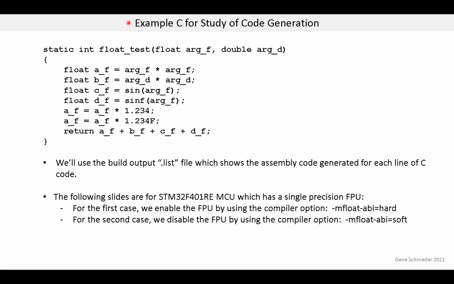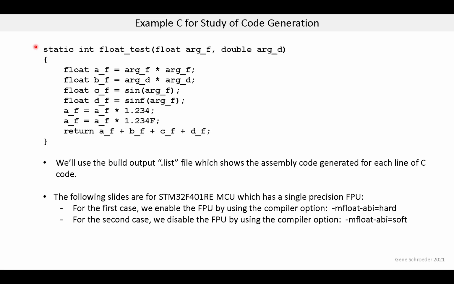Now in the coming slides, we'll look at the assembly or machine language code that is generated by the compiler for doing floating point. Now I know practically no one watching this will know ARM assembly language, but that's fine because we'll be just looking at key parts of the assembly language, and it really isn't that difficult. This is just straight line code. So here is the function that we're going to use.